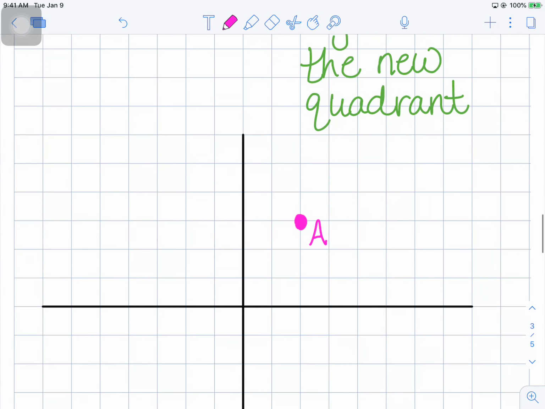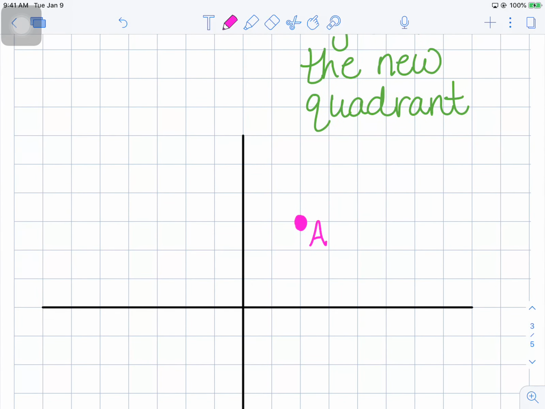Let's say we start here with A in this quadrant, and I see this is 1, 2, 3. So this coordinate is 2, 3. And I want to go 90 degrees counterclockwise.